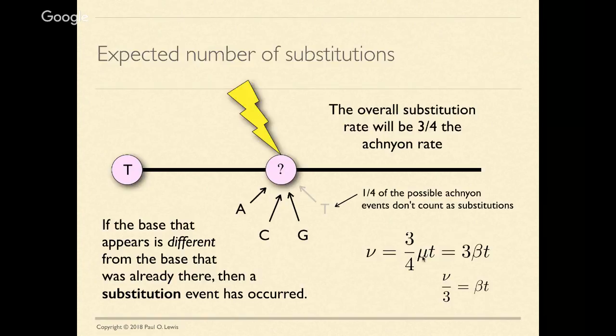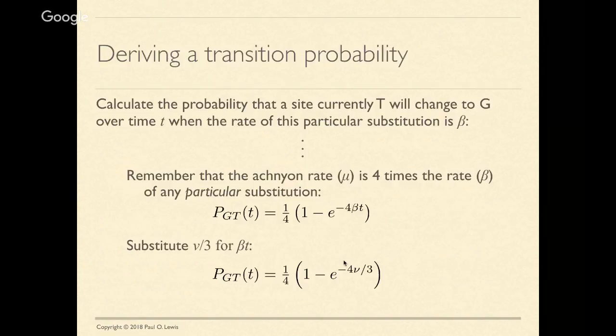And when you substitute 4 beta in for mu, the 4's cancel and you get 3 beta t. So we have v equals 3 beta t for this model, which means that we can move the 3 to the other side and equate v over 3 with beta t. So now if we substitute v over 3 in for this beta t, then we have the version of the transition probability formula in terms of branch length that I've been using in my calculations thus far.